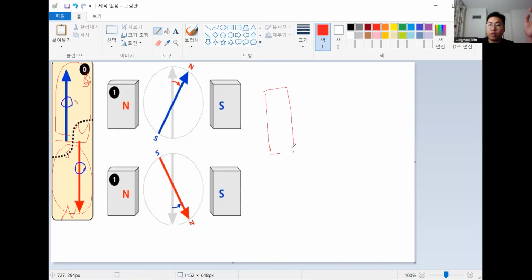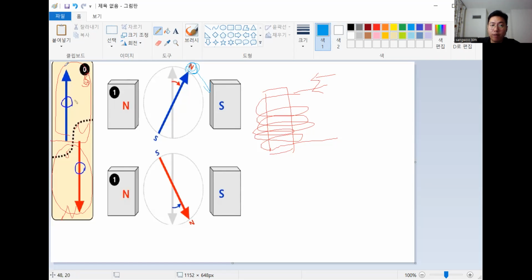If there's a steel core and we wind the coil here, and the current flows here, that means external energy takes effect. So look at that. First, this N part is attracted to here, right?